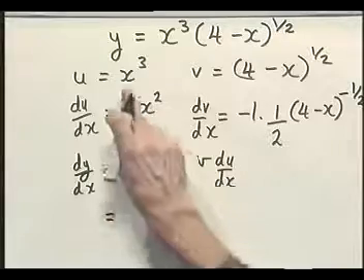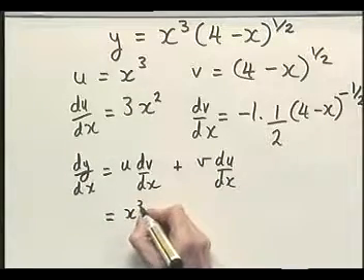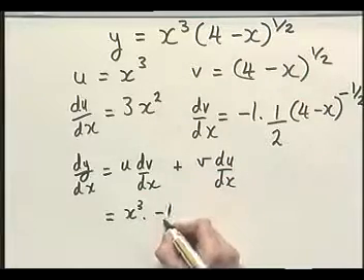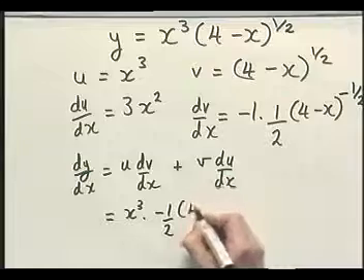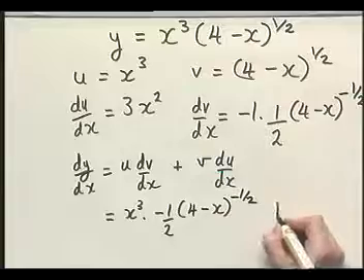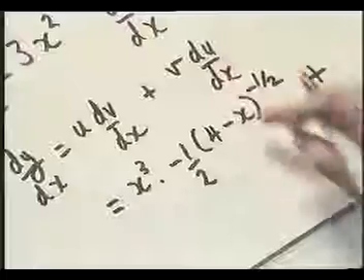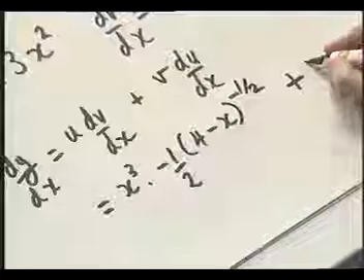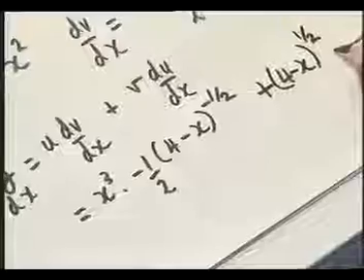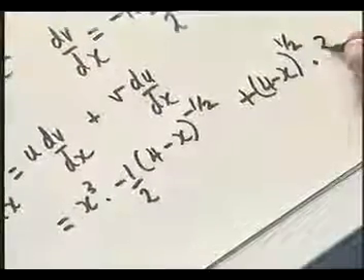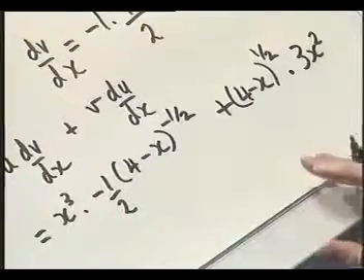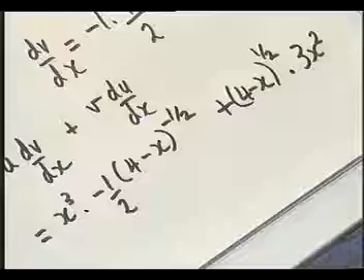So u is x cubed times by this, minus 1/2 of 4 minus x to the minus a half, plus v du by dx, that's 4 minus x to the half times 3x squared. Now again, this doesn't look a nice lump of algebra.